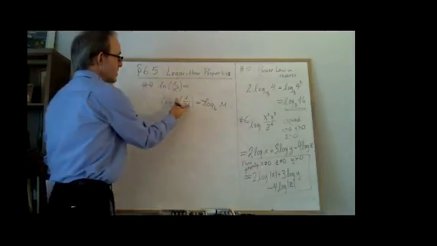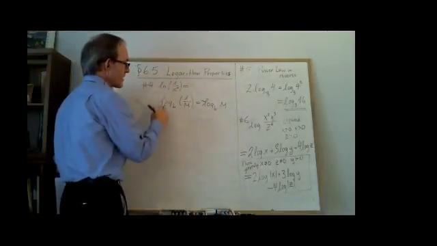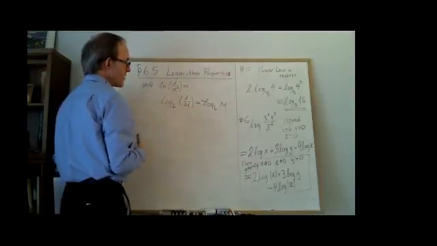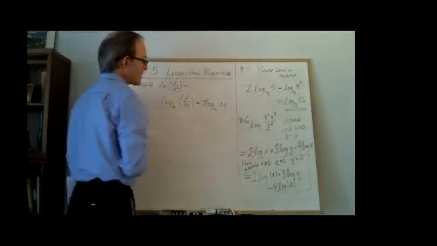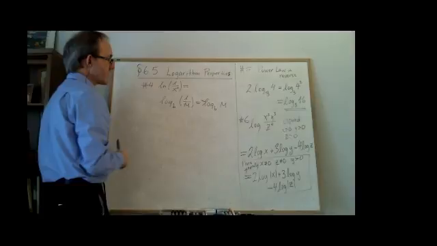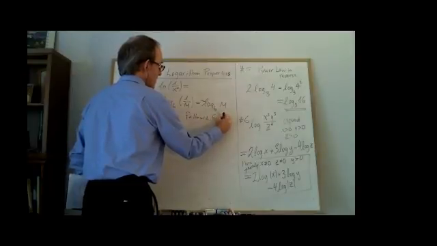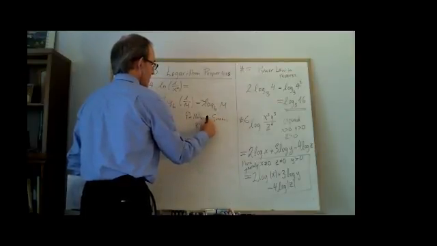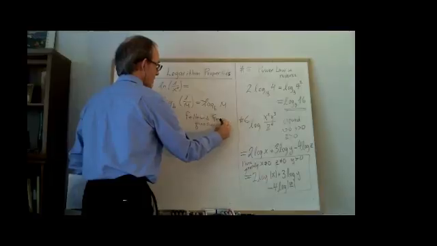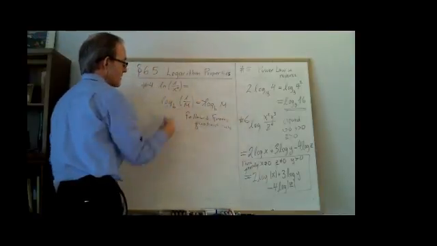Okay, so if I take a number m and I take the reciprocal of that, then the logarithm of that reciprocal will simply be minus the logarithm of the original value. So this follows from the quotient rule. It's a special case of the quotient rule, where I take the numerator to be 1.